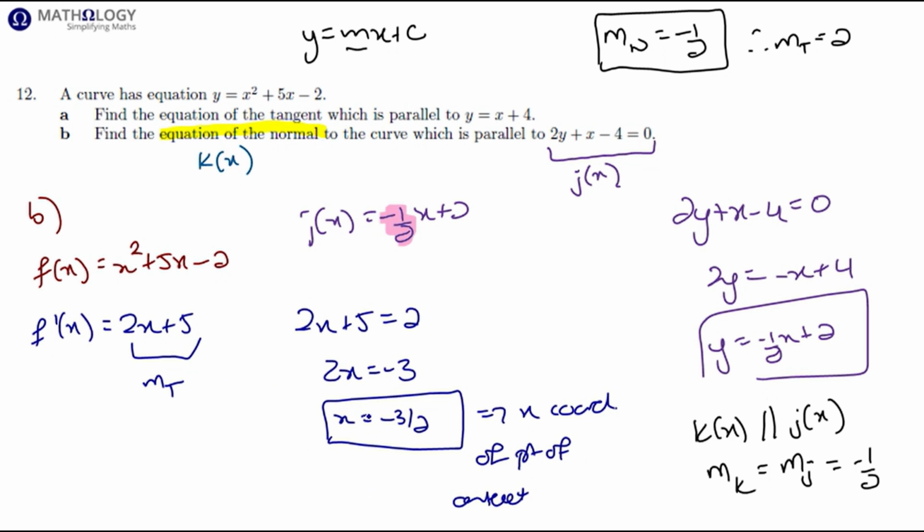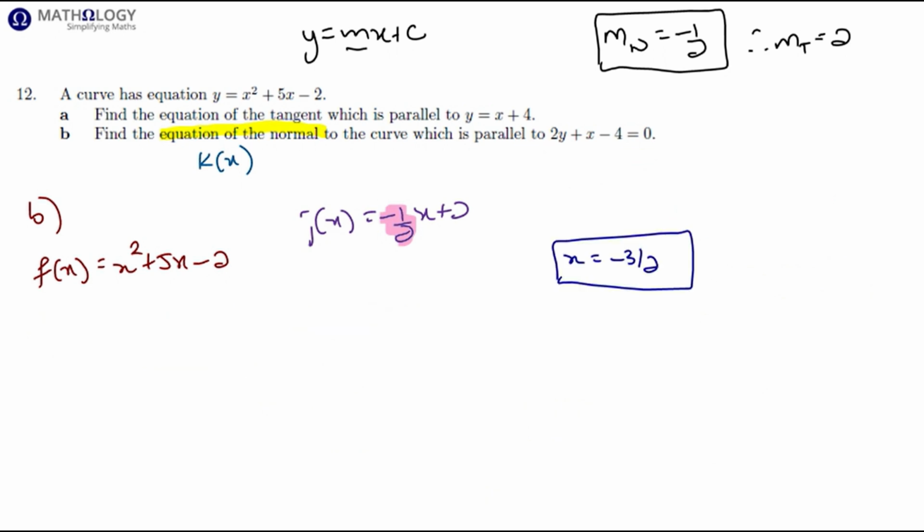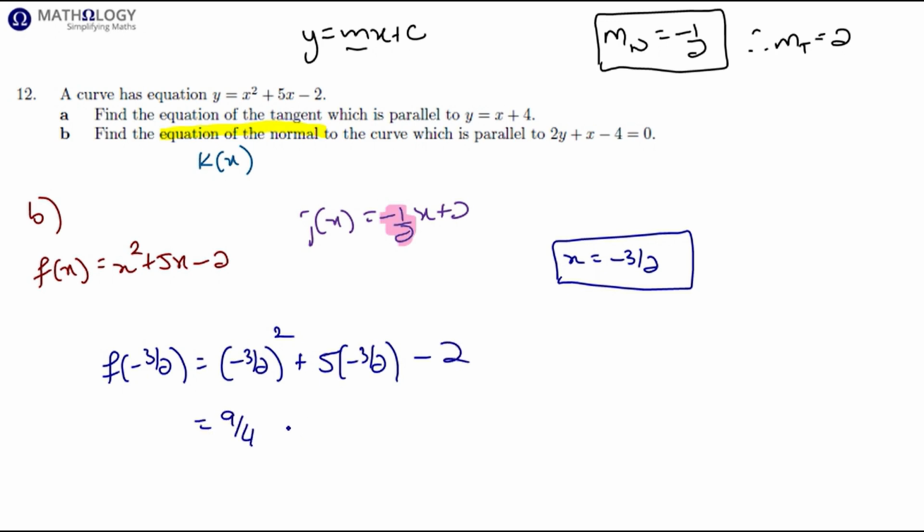Now, to find the point of contact, we can substitute x equals minus 3 over 2 into the curve. So f of minus 3 over 2 equals minus 3 over 2 squared plus 5 times minus 3 over 2 minus 2. So that's 9 over 4 minus 15 over 2 minus 2.